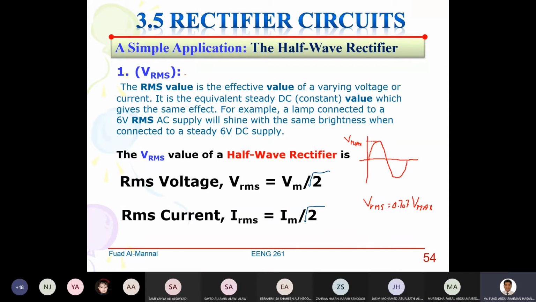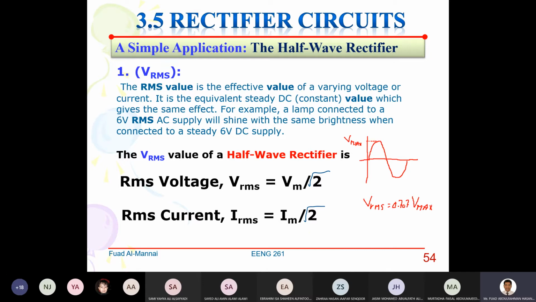It will give you the same brightness as when you connect it to a 6 volt DC battery. That's called the VRMS. If you have a sine wave like that and you want to find the VRMS, it is equal to Vmax divided by √2. How do I remember it?